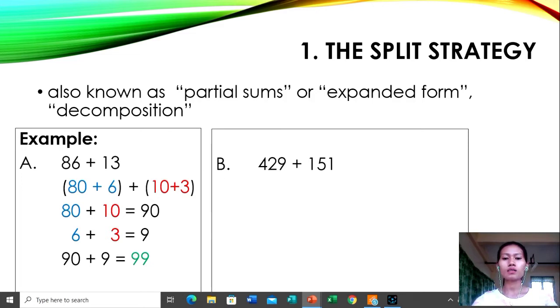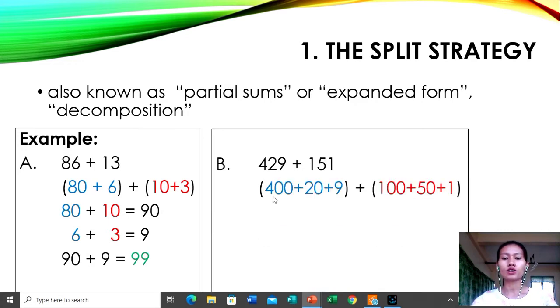I-split down po natin tong 429 and then 151 according to its place value na 100, tens, and ones place value. So kapag pinag-split down po natin tong 429 and 151 to its place value, magiging ganito.